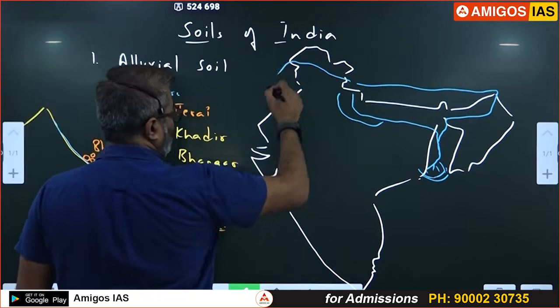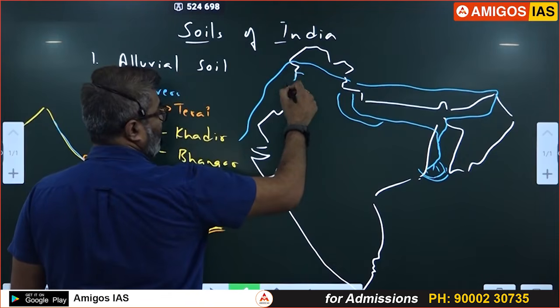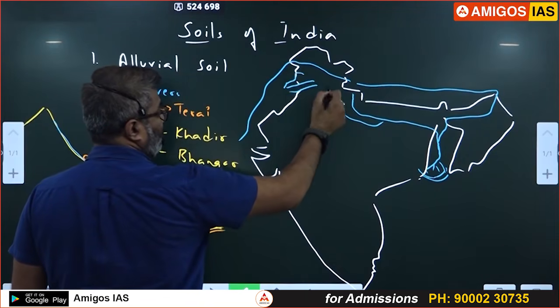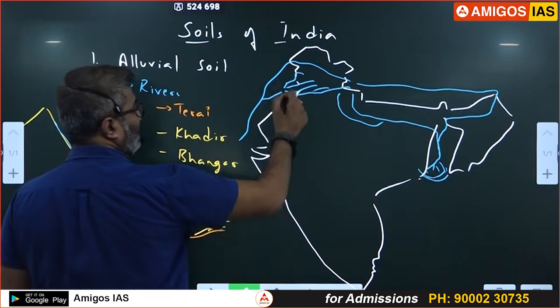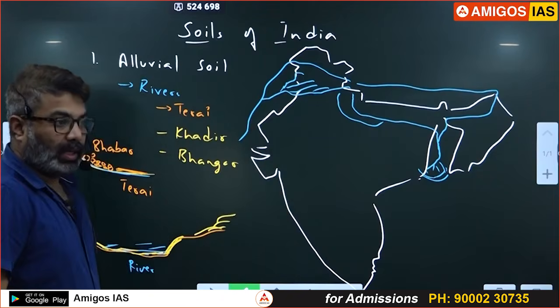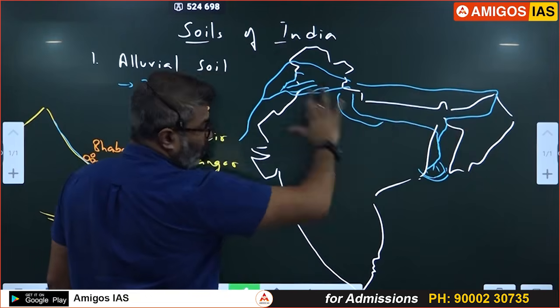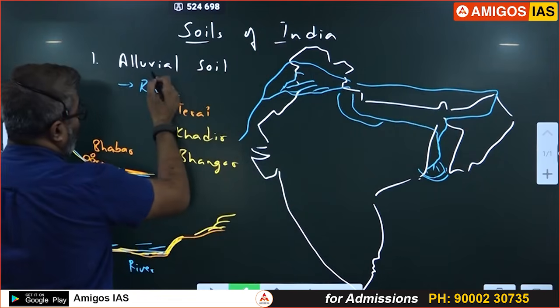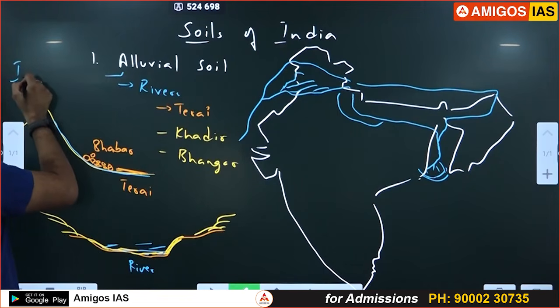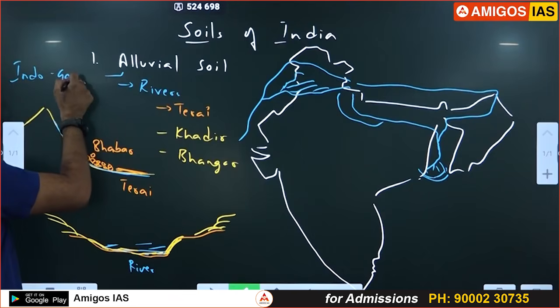You take Indus also here. Indus River. Jhelum, Chenab, Ravi, Beas, Satluj. All these are Indus tributaries, this side. Ganga tributaries this side. So this is called Indo-Gangetic Plain. I told you, alluvial soil is found where? Indo-Gangetic Plain.